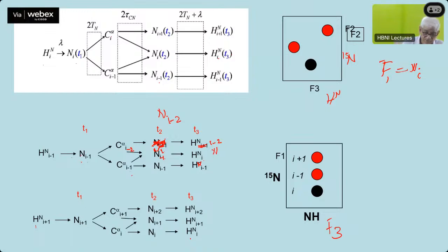So HNi is giving me Ni minus 1, Ni plus 1, and Ni. These three are present in this vertical line. Therefore, from this F1, F3 plane, you see the sequentially neighboring N15 chemical shifts quite clearly. So this is an extremely useful thing for going through that.